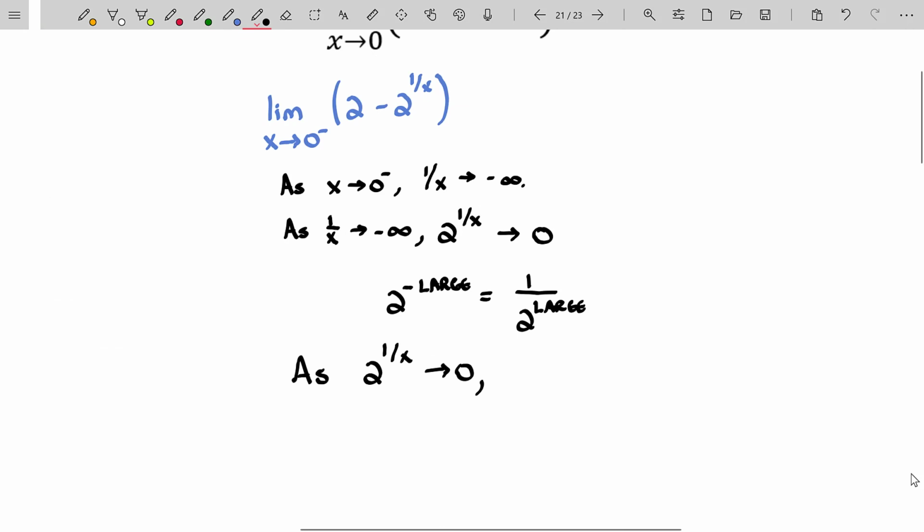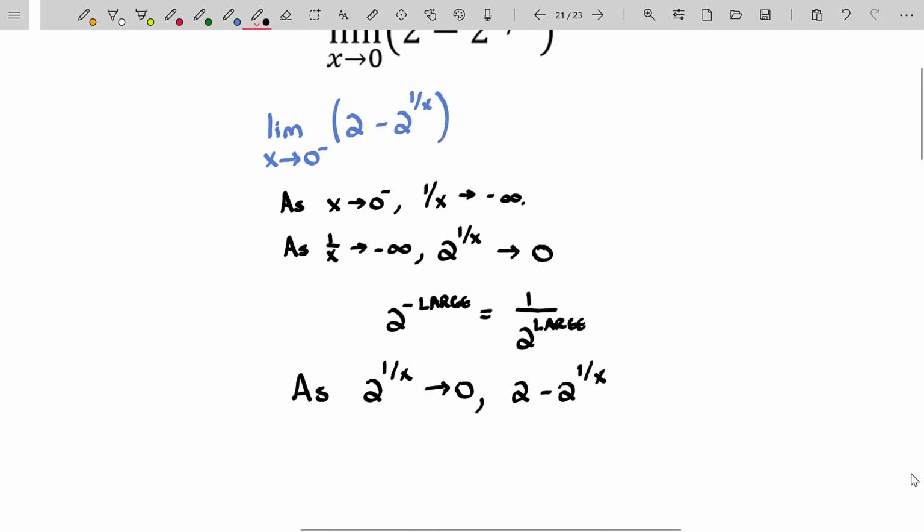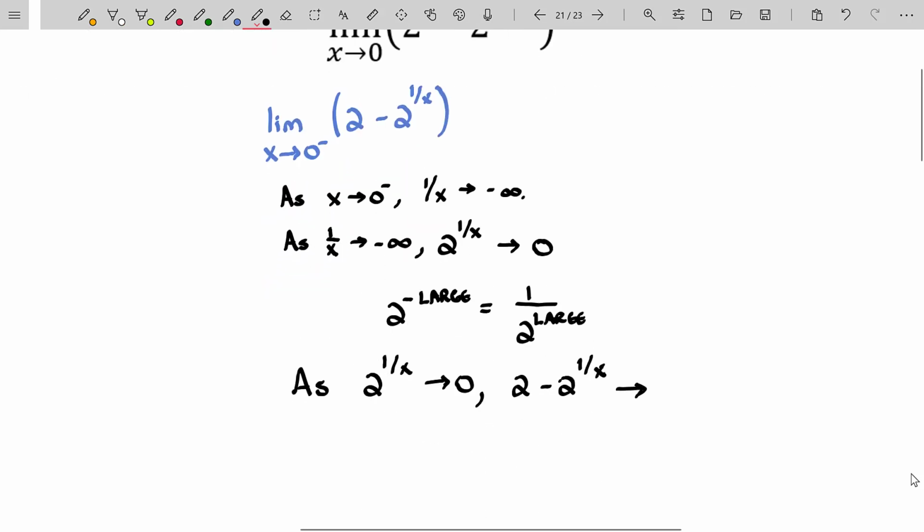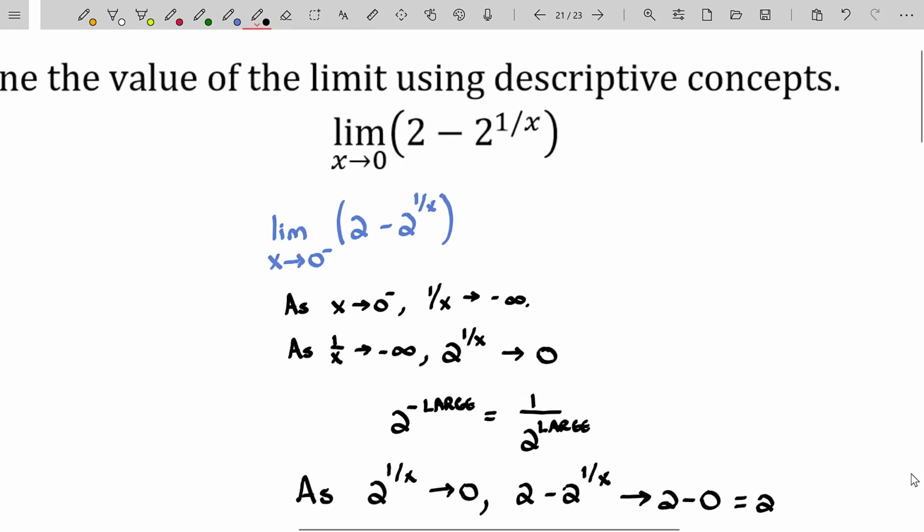And as 2 to the 1 over x approaches 0, 2 minus 2 to the 1 over x, which is the limit we're looking at, is approaching 2 minus 0, or in other words, 2. And so the left-hand limit is 2.